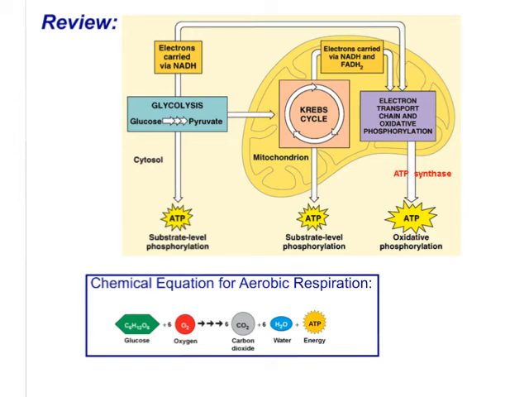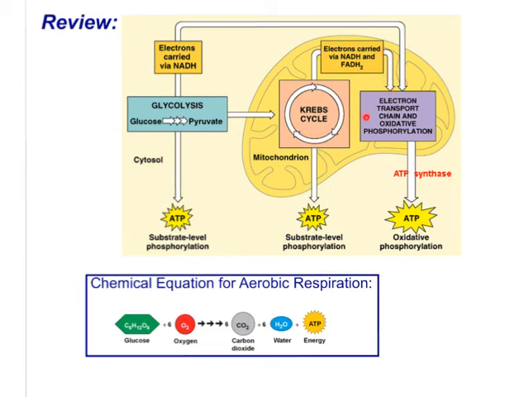Now, we cross over into the mitochondrion for our Krebs cycle. Now remember, the pyruvate molecules that we produce in glycolysis are going to be converted into acetyl-CoA, or acetyl coenzyme A, and those are going to enter the Krebs cycle, where we are going to produce some more electrons, a little bit of ATP, and we're going to send our electrons over to the electron transport chain.